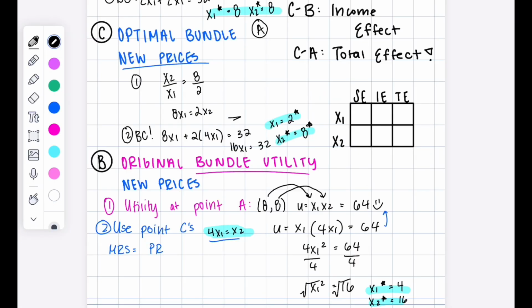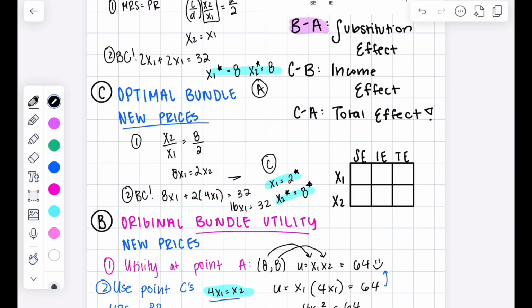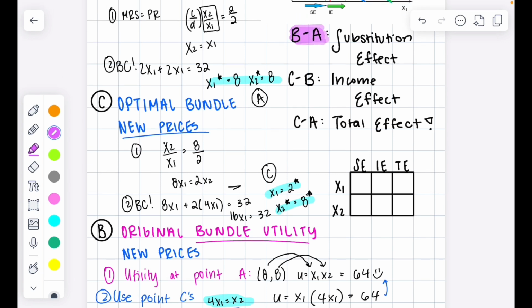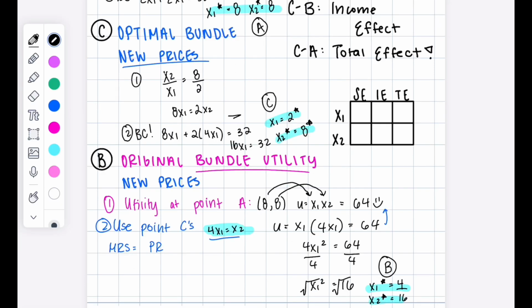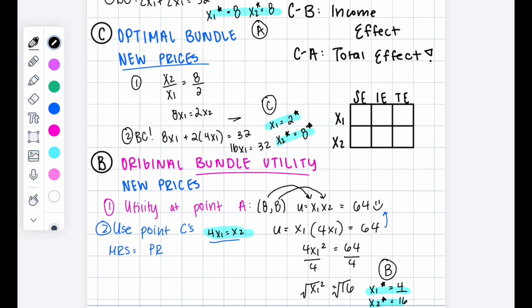So now we have our point A, our point C, and our point B. I can go ahead and find the substitution and income effect for all of these goods individually. The substitution effect is going to be point B minus A, and you can do it for each good. So for x1, B minus A is 4 minus 8, so it's going to be negative 4.